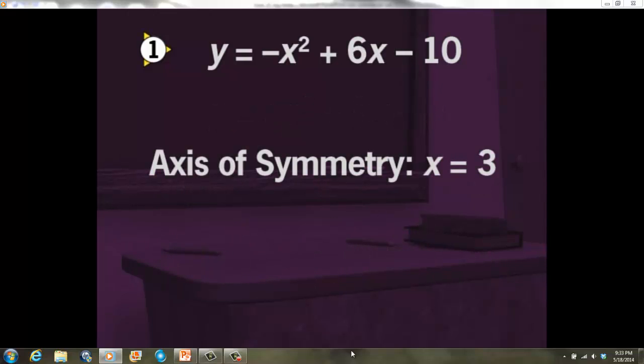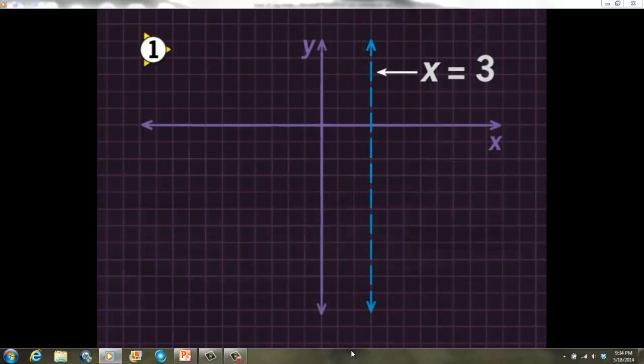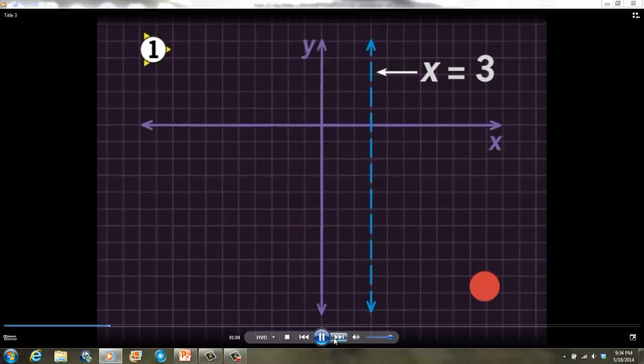The equation of the axis of symmetry is x equals 3. The graph of the axis of symmetry is a vertical line through (3, 0). At this point, you can draw the vertical line x equals 3 on the coordinate plane. This is the axis of symmetry for this particular parabola.